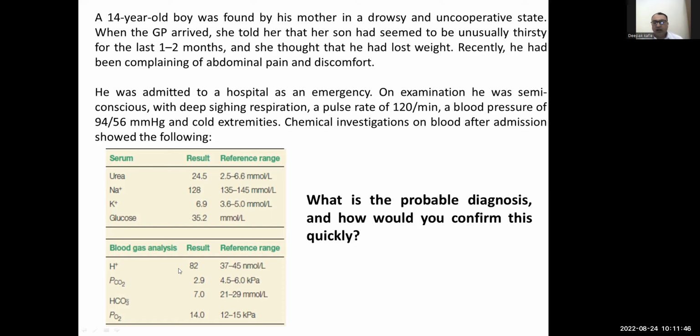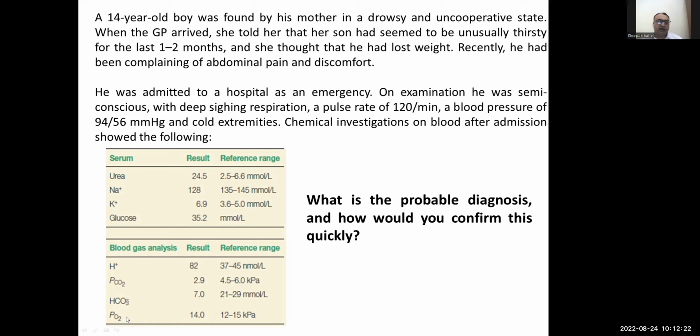And due to the production of beta-hydroxybutyric acid, the hydrogen ion concentration is extremely increased, at 82 nanomole per liter, followed by hyperventilation during this metabolic acidosis, which leads to a low partial pressure of carbon dioxide. Due to the high concentration of hydrogen ions, they are buffered by the bicarbonate buffer system, so the bicarbonate is decreased.